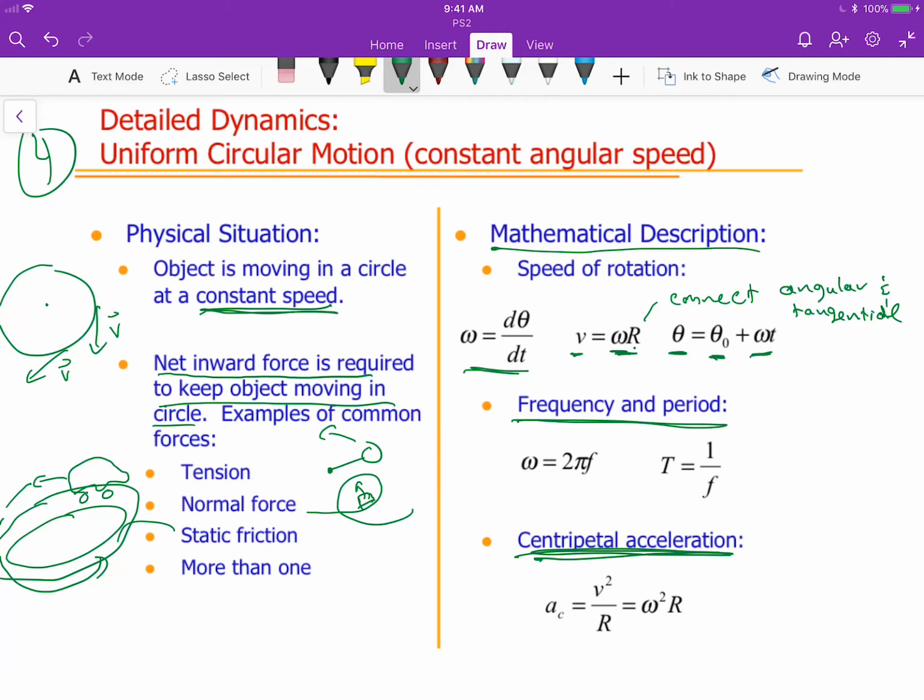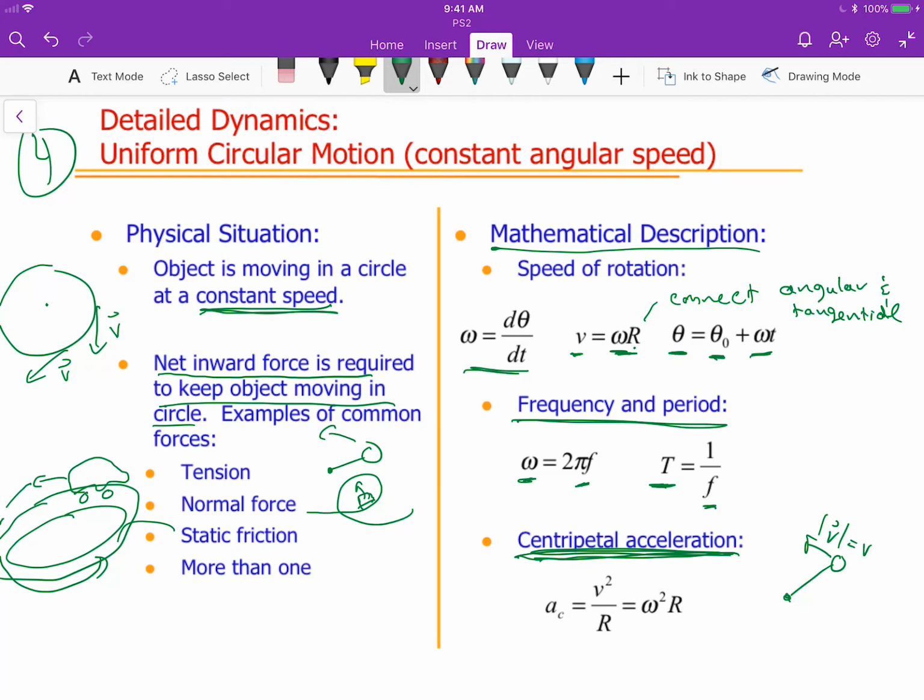And then we also can figure out what our angular frequency and our angular period is if we're given, say, the frequency, not in the angular situation. And then we have our centripetal acceleration. So basically, let's say we have something swinging on a string and it's going at some velocity v that has a magnitude equal to v.